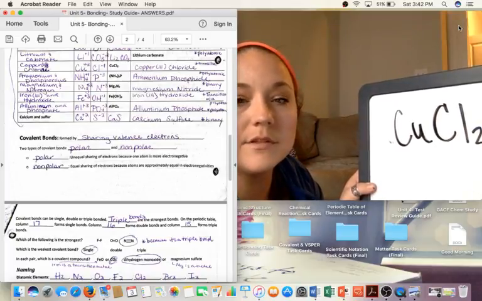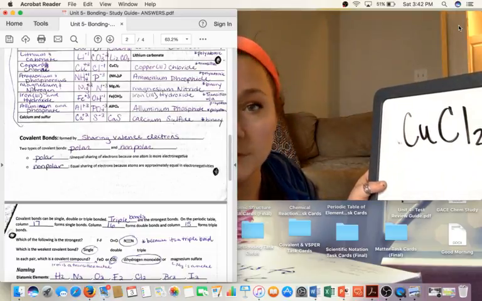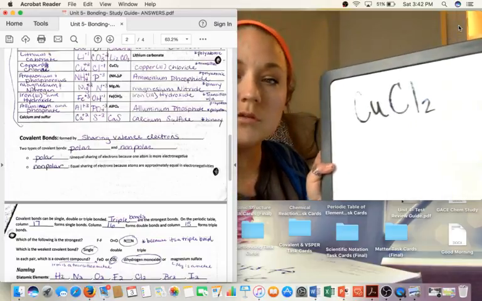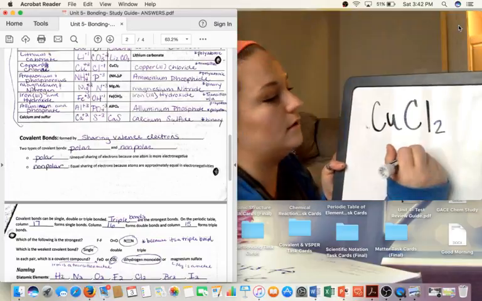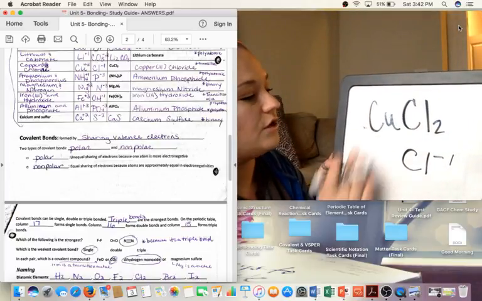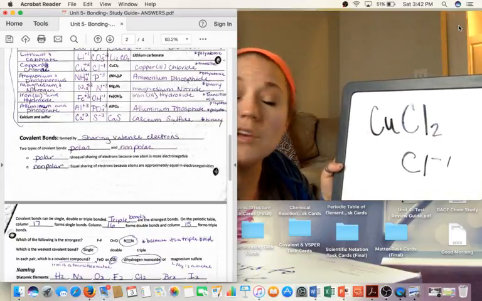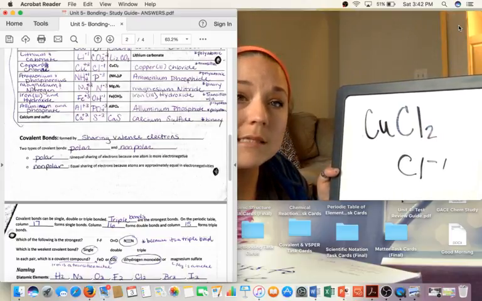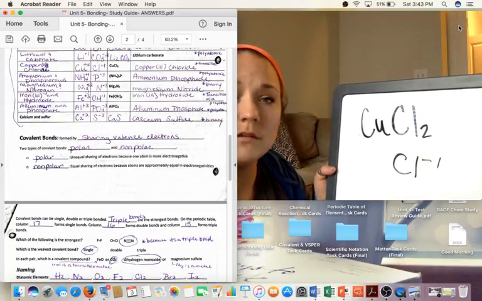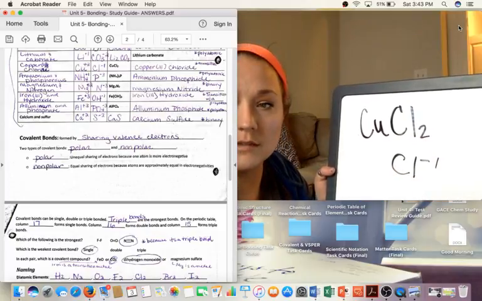Then being able to identify the charge for copper may be a little more difficult. So go ahead and write out what you do know. You do know that chlorine has a -1 charge, and you know that there are 2 of him involved. So you're looking for a +2 to cancel the -2 charge that's formed when you have 2 chlorines.